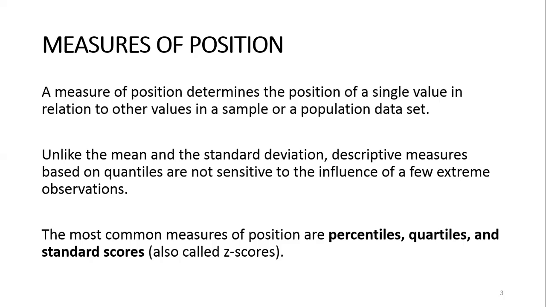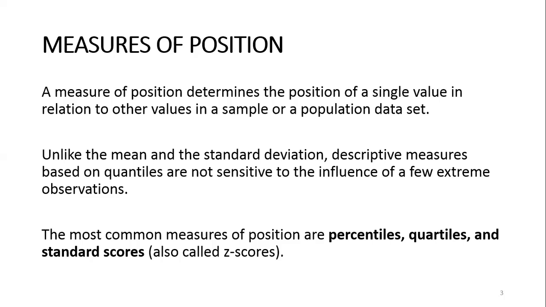For example, we have first quartile, second quartile, third quartile. Second quartile is the same as median. Quartiles are measures of position. So since second quartile is median, median can also be taken as a measure of position. And that explains why it is less sensitive to extreme values.